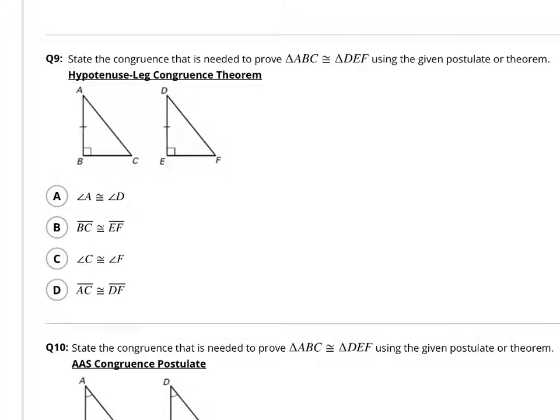On question number 9, they want us to say these two triangles are congruent because of the hypotenuse leg, that's HL. Which piece of information on the triangle is not labeled that you need to have labeled? Remember, with hypotenuse leg, the hypotenuses have to be congruent, and you have to have a leg, one of the sides, to be congruent.